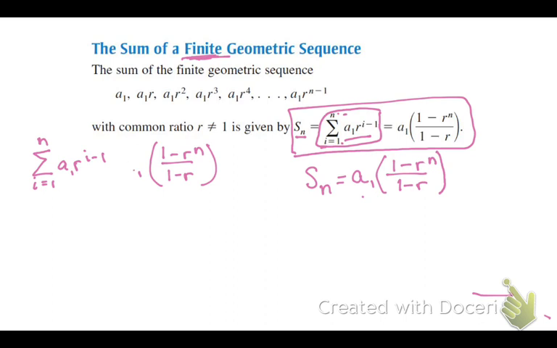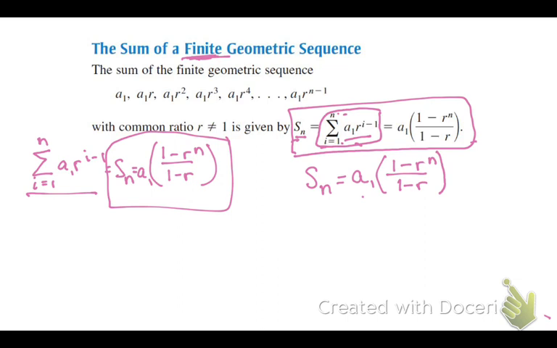But in this order, it makes more sense to my brain, because you would see this on the paper, and then you would have to know to do this. Does that make sense? You wouldn't see the S sub n and then that and then do the formula. The whole point is the formula is a sub 1 times 1 minus r to the n over 1 minus r.